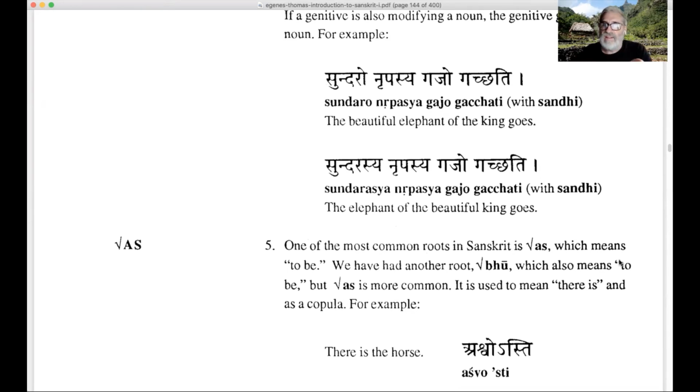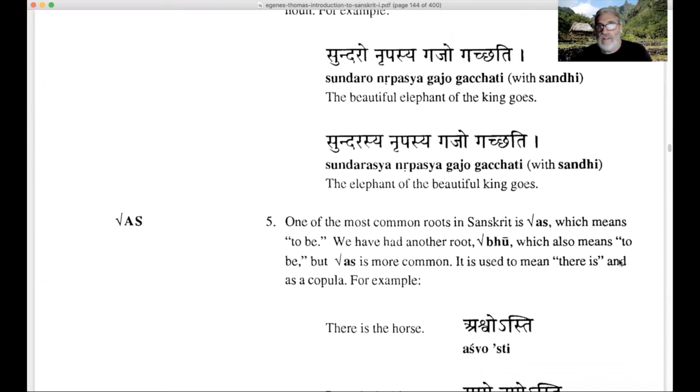In the first sentence, the elephant is beautiful because when we break the Sandhi, Sundaraha and Gajaha are the same case, the same number, and the same gender. In the second sentence, Sundarasya is not the same case as Gajo.